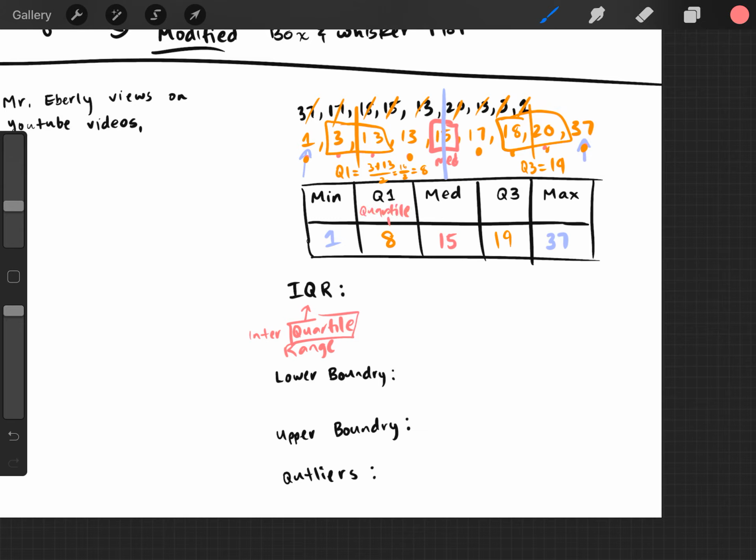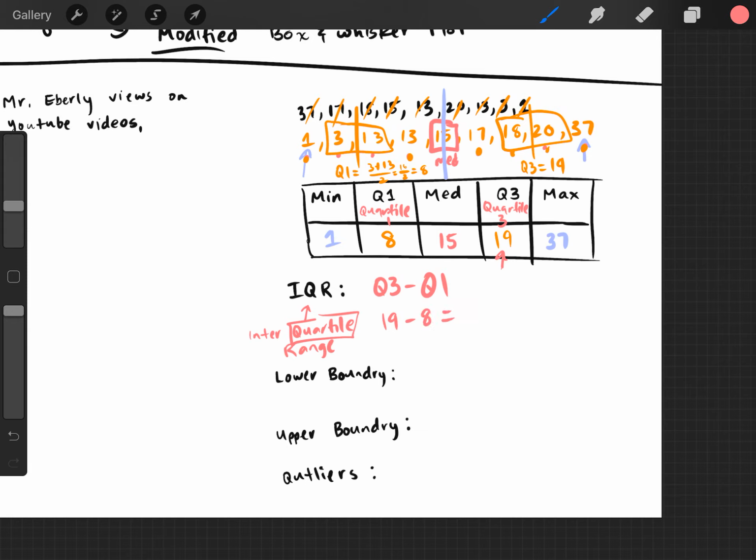What the IQR stands for is the interquartile range. Now, range, if you remember, is when we did the biggest minus the smallest, but specifically we're looking at quartiles. The quartiles are what Q1 and Q3 stand for, right? Q1 is quartile 1.